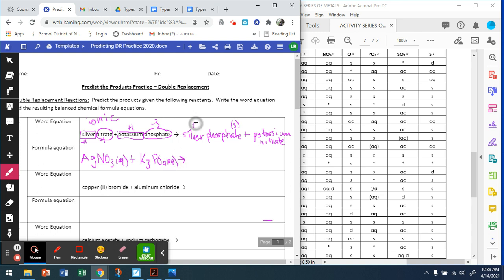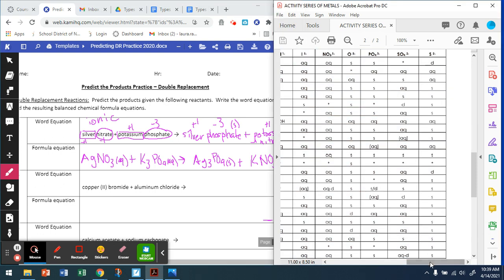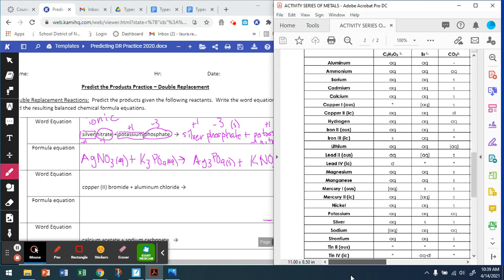Now the silver is a +1. Phosphate is a -3. So I would have Ag3PO4. And we said that's the one that makes a solid. And then potassium nitrate, I got a +1 and a -1. So it'd be KNO3.